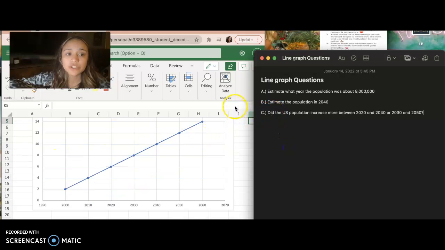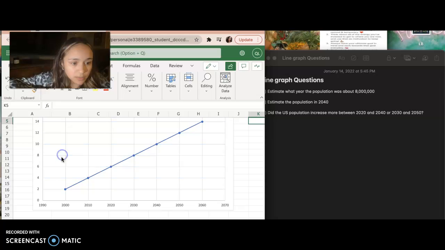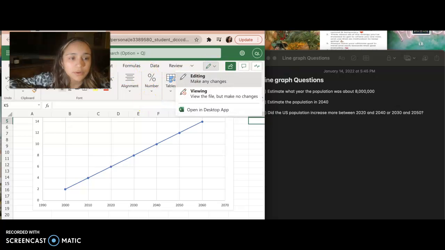And right here are the questions. So question 1 would be, estimate what year the population was about 18 million. So when we look at it, let's see. When we look at it, see if I can draw on here.